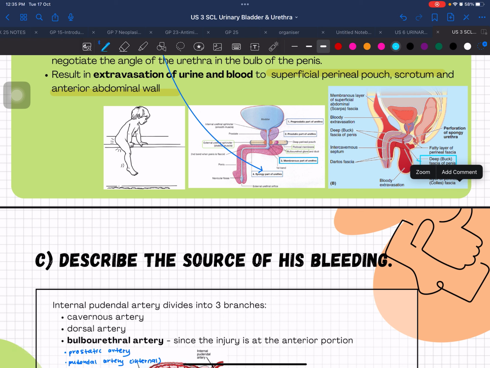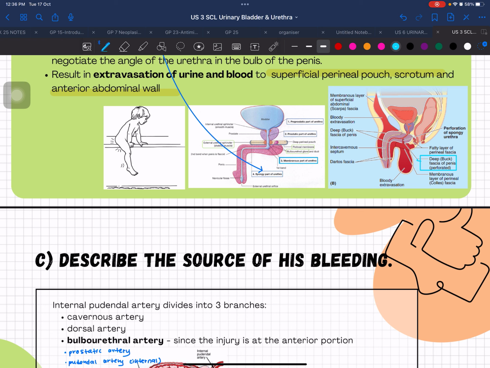Excuse me, Professor. You mentioned that if there is any damage to the bladder, the urine wouldn't spread to the lower limb. That is because Buck's fascia is joined with the fascia lata, which means they continue inferiorly as a fascia. Oh, they continue as the fascia.